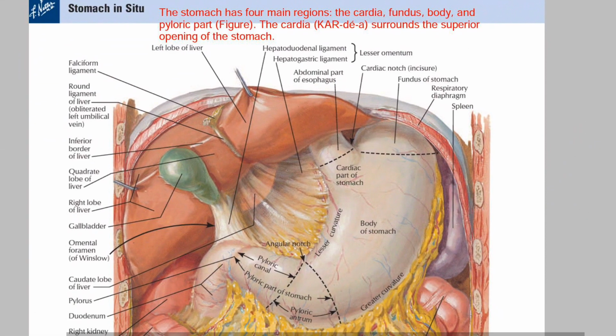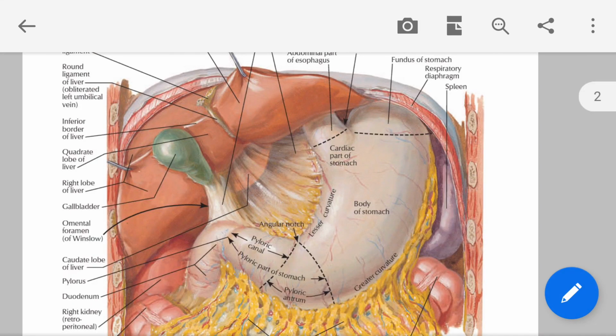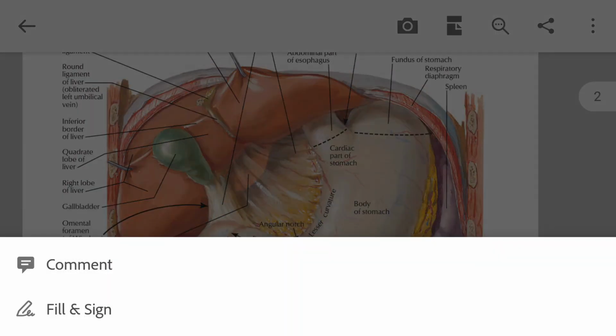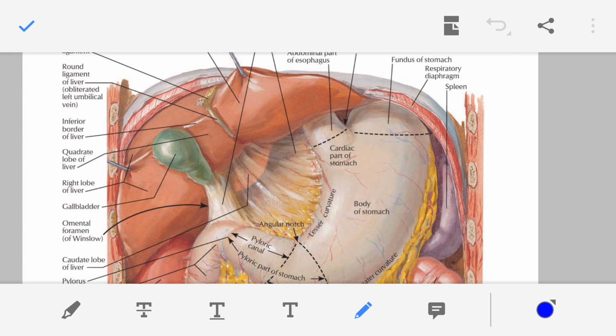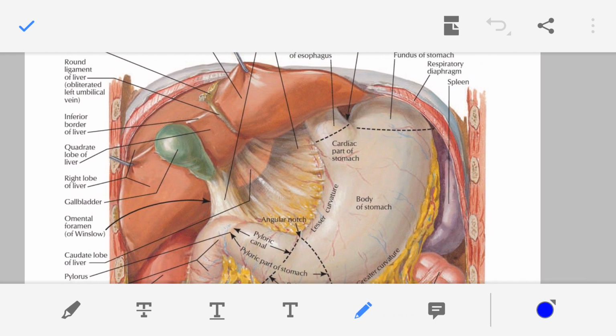Now, where in the body is the stomach present? As you can see in the figure, this one is the diaphragm.